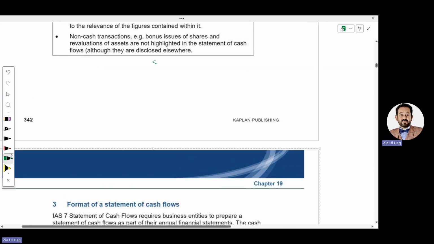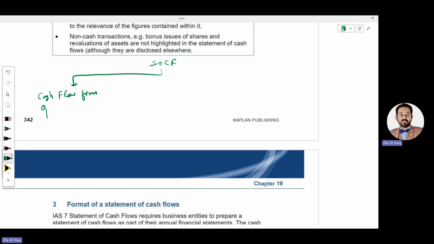While preparing statement of cash flow, we need to see how much cash flow the company has from operating activities. Operating activities mean activities relating to profit and loss account.